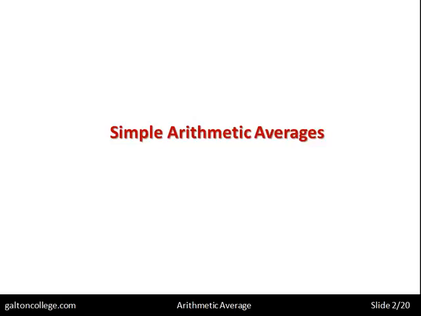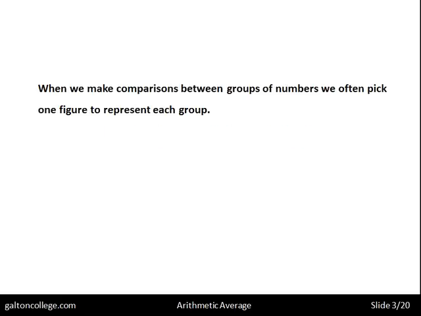So let's look at simple arithmetic averages. When we make comparisons between groups of numbers, we often pick one figure to represent each group. It's the way we think as humans. We have a big group of numbers and we have another big group of numbers. We tend to look for some statistic, some figure which illustrates the difference between the two sets.